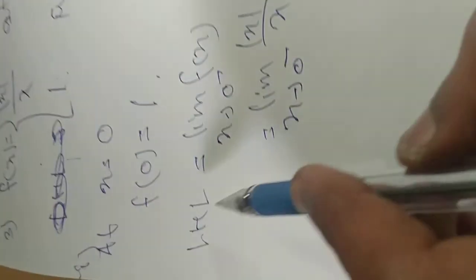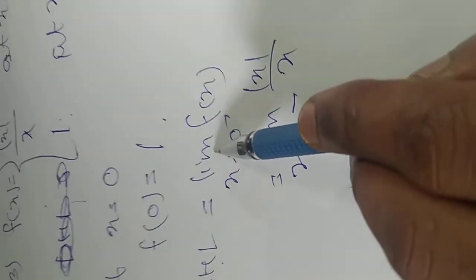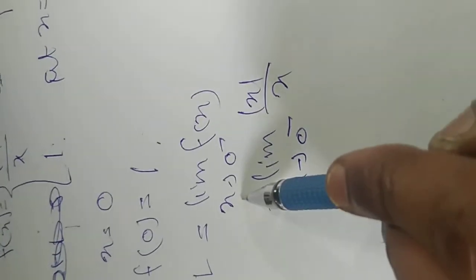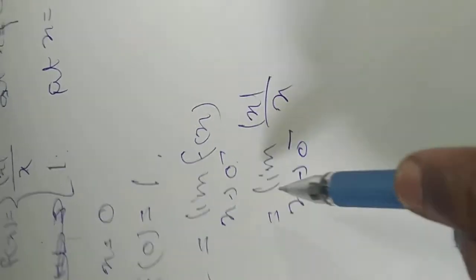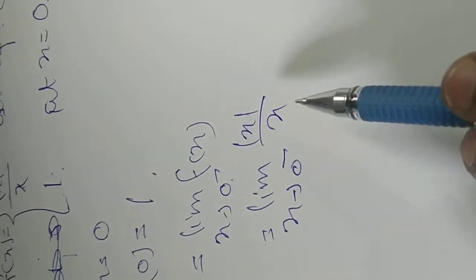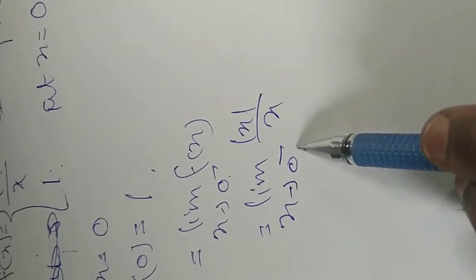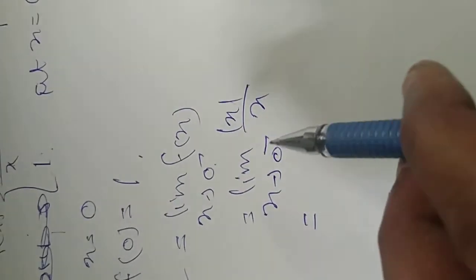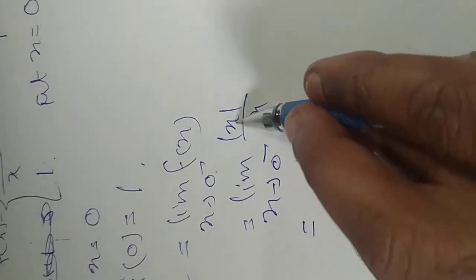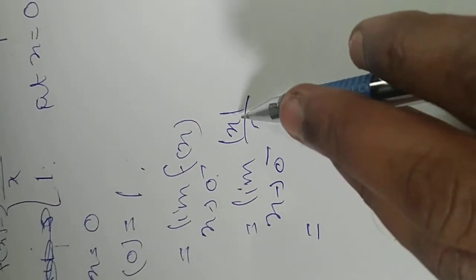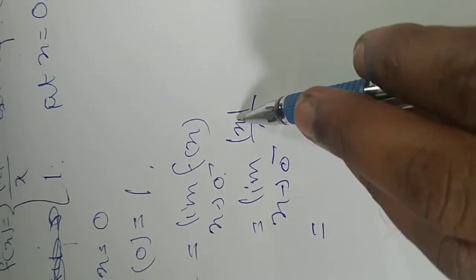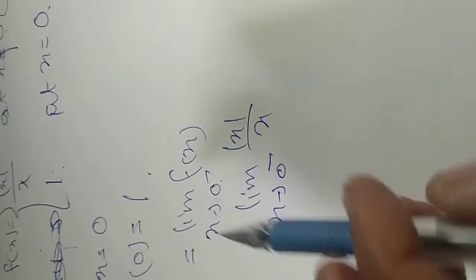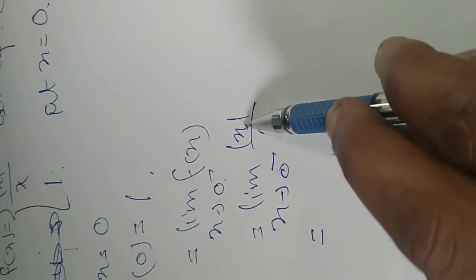So in this case, LHL is equal to limit of f of x as x tends to 0 minus, which means limit of mod x by x if x is less than 0. How is the modulus function defined for mod of x if x is less than 0? It is defined by minus x.